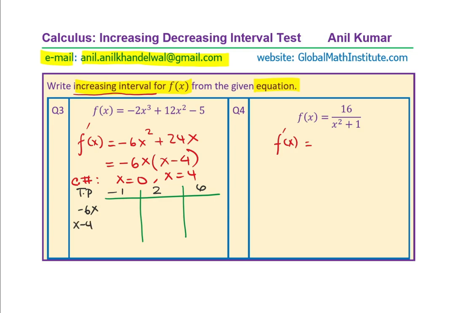Minus 6x will be positive when I substitute negative 1, but when I substitute 2 and 6, it becomes negative. As far as x minus 4 is concerned, it is negative for the first 2 values, but positive for the other. So minus times minus gives positive, and minus times plus gives negative. We are looking for increasing, and increasing means positive, so our answer clearly is from 0 to 4. It is increasing there, right?